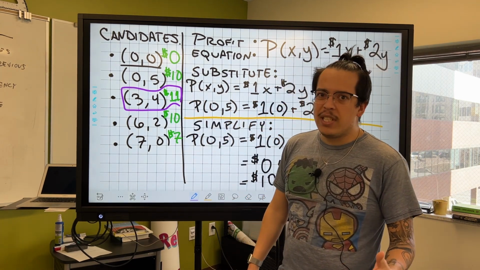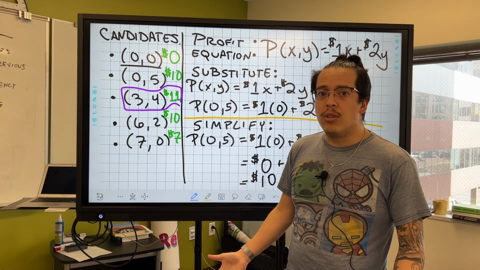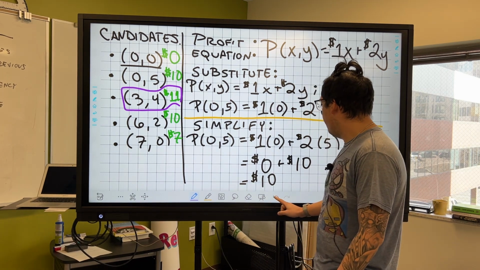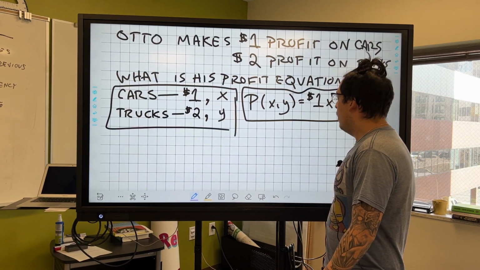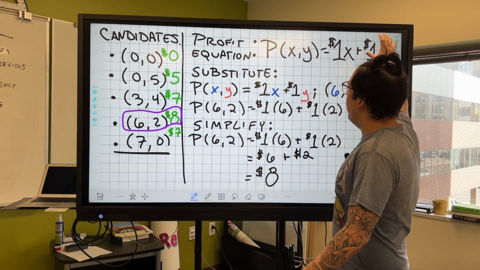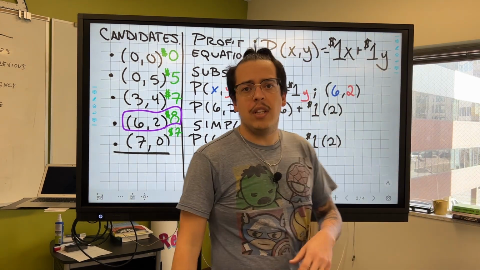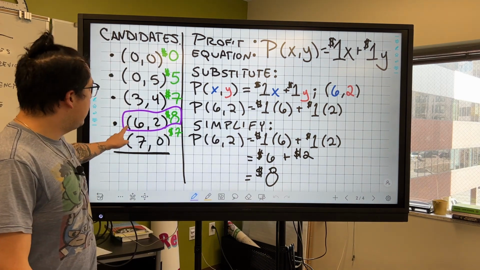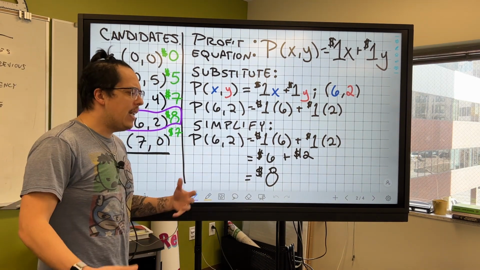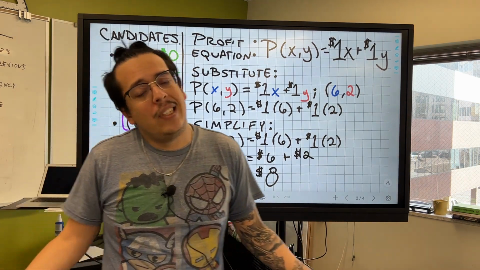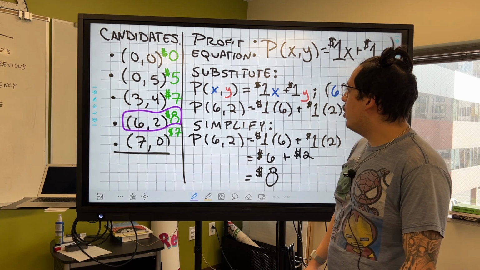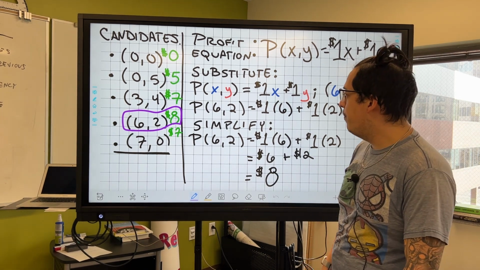And he'll have some materials left over, but that's okay because he couldn't make any more money with those materials anyway. Along the same vein, like in this scenario, the best use of Otto's limited resources is to make 6 cars and 2 trucks to earn $8. And again, he'll have materials left over, but that's just the way it goes. He can't make money on those materials, so he shouldn't worry about them.